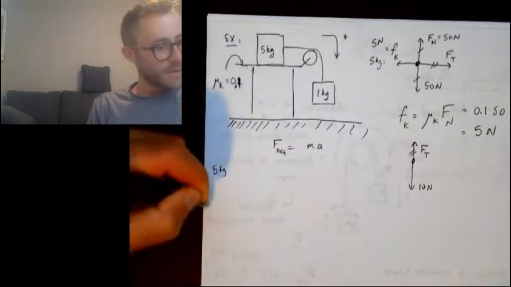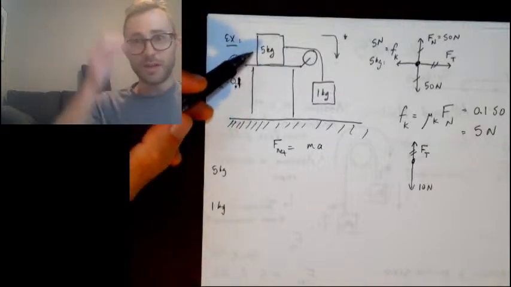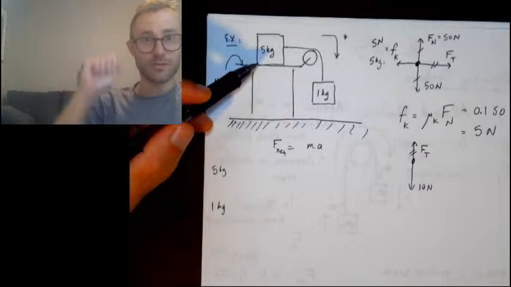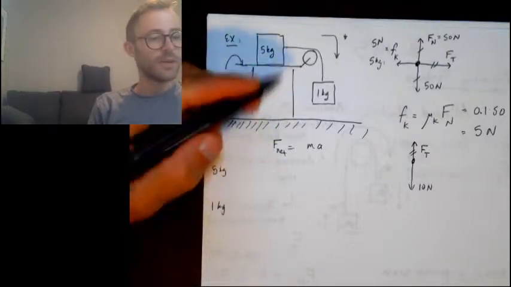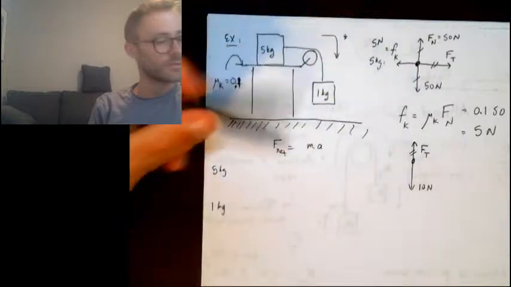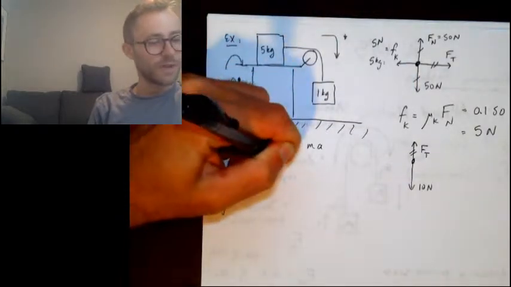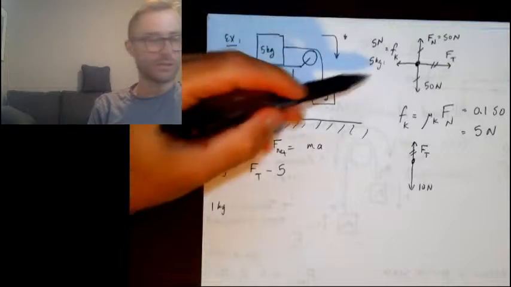All right, so now we're going to do net force equals ma for the 5 kilogram mass and the 1 kilogram mass. All right? So for the 5 kilogram mass, the positive direction is rightward. So the net force is going to be right forces minus left forces. So F sub t minus 5, because friction was 5 newtons.